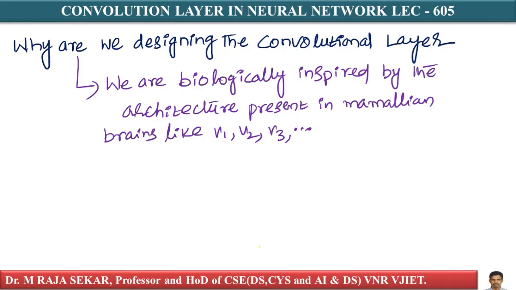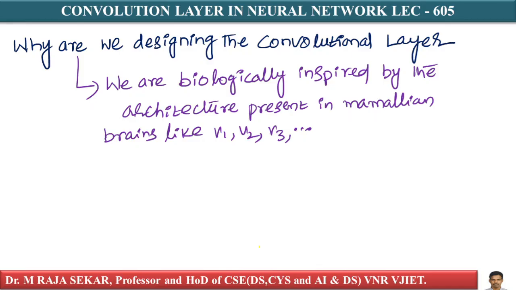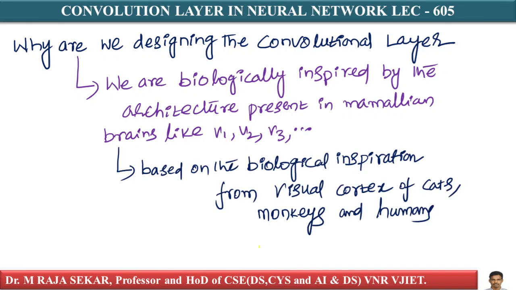We are designing the convolutional layer because we are biologically inspired by the architecture present in mammalian brains like V1, V2, V3, and so on, based on the biological inspiration from the visual cortex of cats, monkeys and humans. This is a core idea of how a convolutional layer looks like.